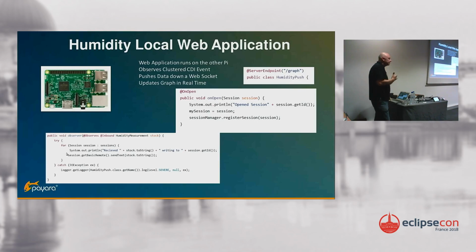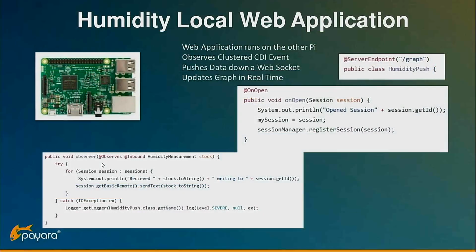So this is observing events off the network. It has the observes annotation, which is standard Java EE, which observes events of the type of humidity measurement. And then this inbound just says it basically sucks those events off the network.